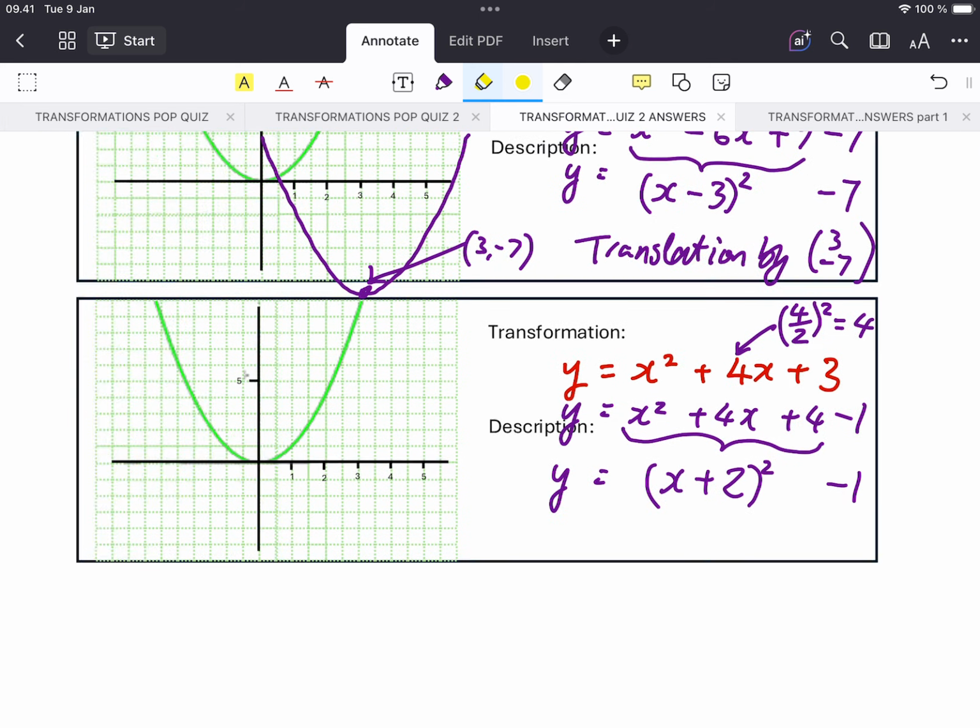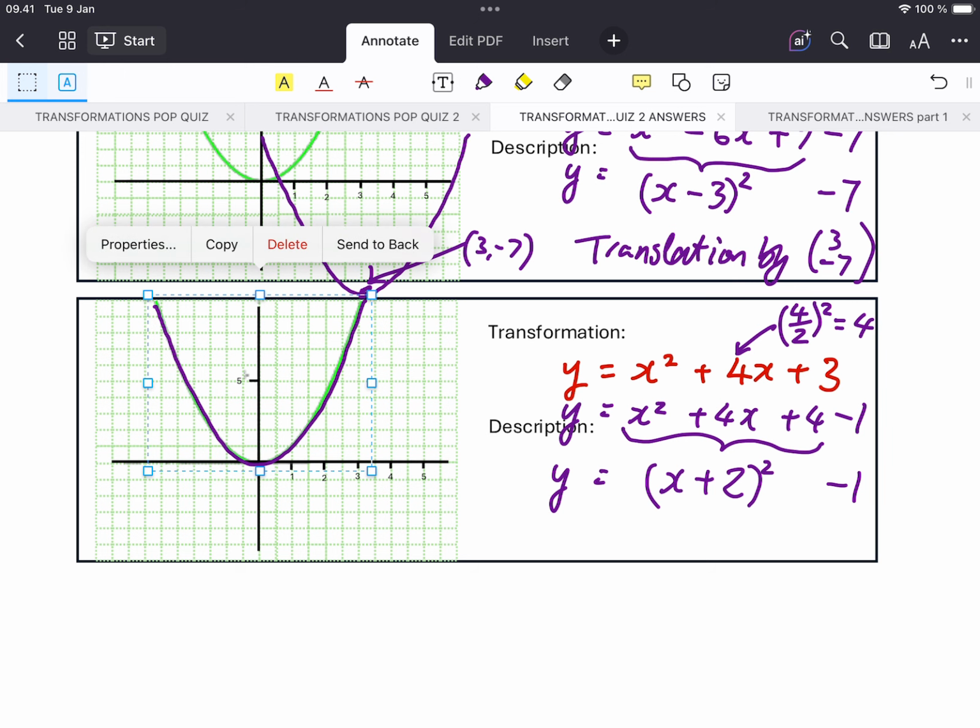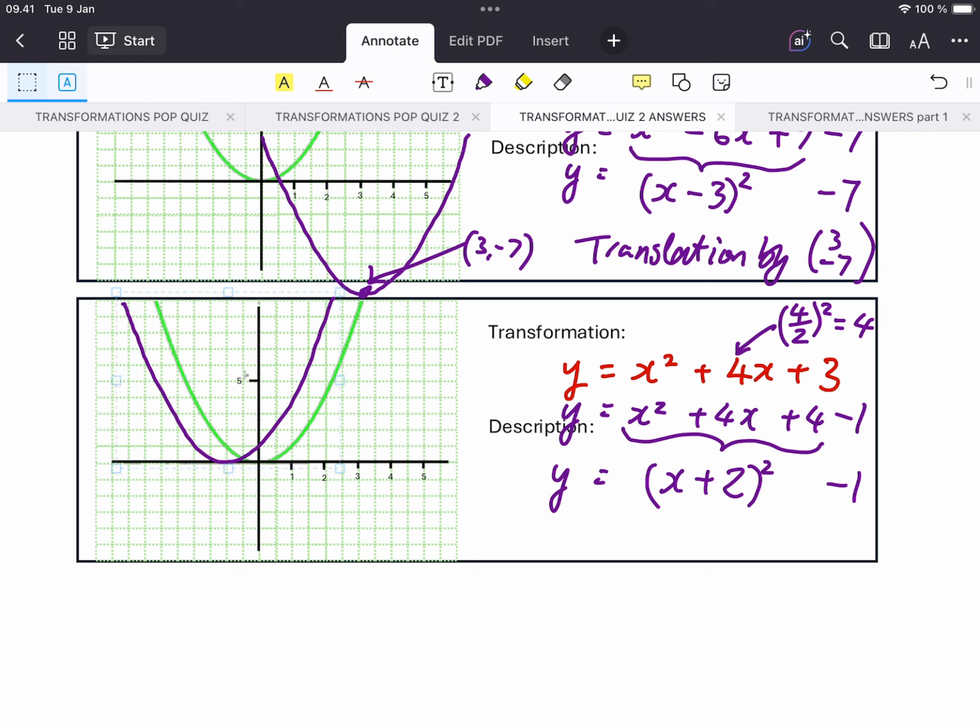Okay, so now that I know it's x plus 2 squared minus 1, I can just take my original graph and say, okay, so the x plus 2 squared bit is going to make it go 2 units to the left, and then the minus 1 is going to take it 1 unit down.